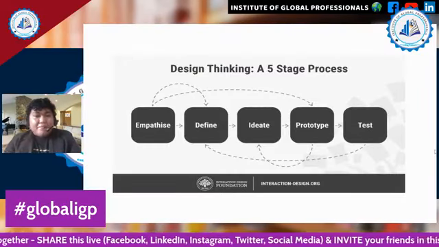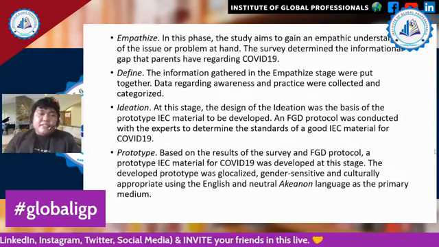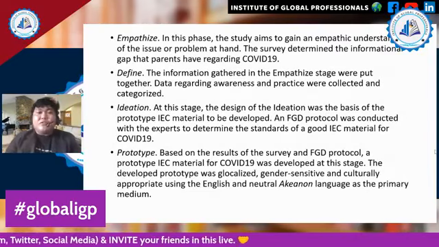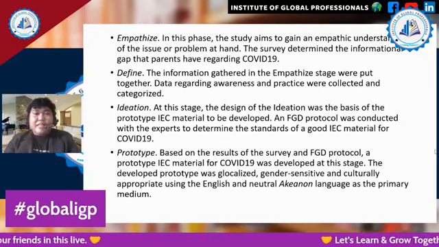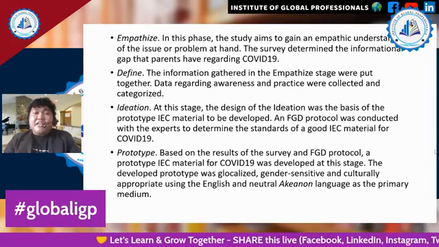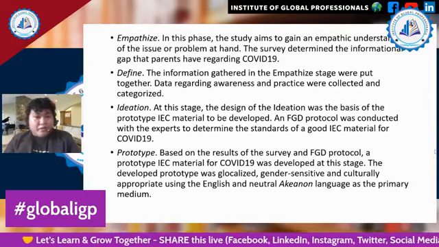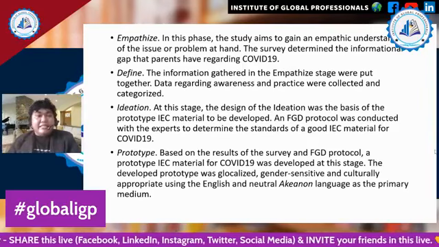So, just a recap, here are the five stages of the process. First, in the empathize, I tried to understand the issue at hand. So, with that, I tried to survey the parents regarding their awareness of the health protocol and the health protocol practice in regards to COVID-19.